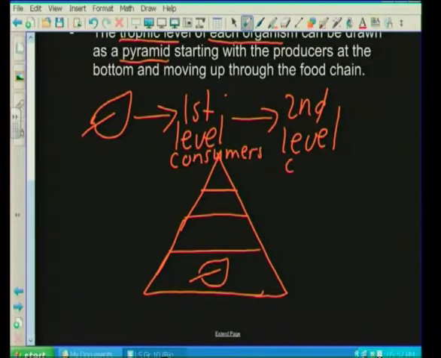And that's the second level of consumers. Okay, so this is our first level of producers. I'll explain this to you a bit later, but that leaf is now on our first level. Then we're going to have the first consumer on the next level and the second consumer on the level after that. That's what we mean by a pyramid. Now, I'm going to explain to you in more detail on pyramids later. All right.